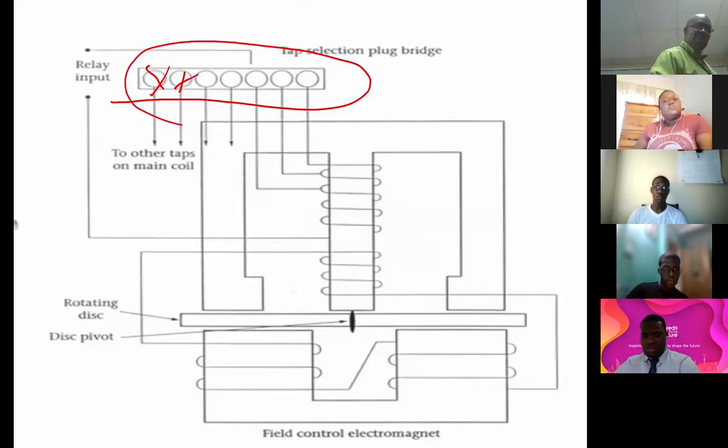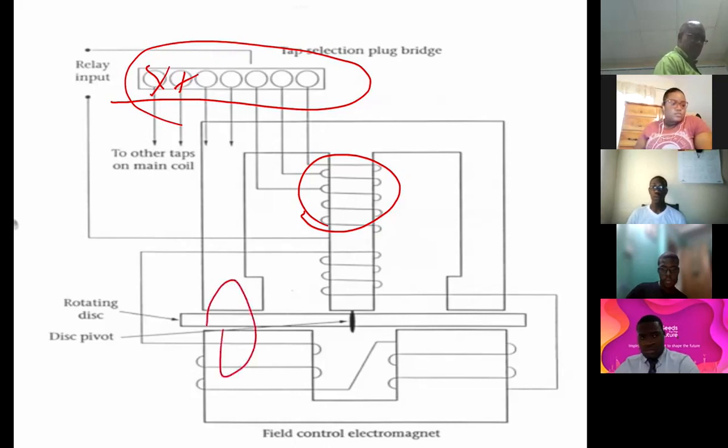In terms of what it is doing physically, it is tapping off a portion of the winding. That's why we also call it the tap setting, because it's tapping off the winding. So it's plug or tap. And then of course here's your rotating disc and your magnets and you name it. So this is what the electromechanical looks like.